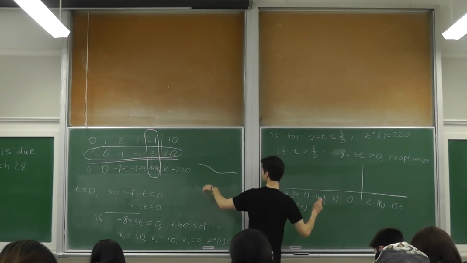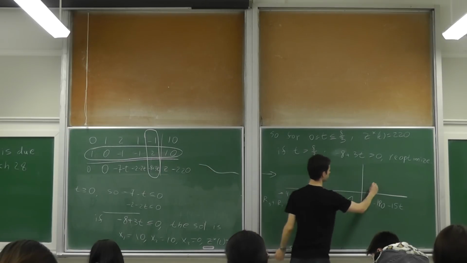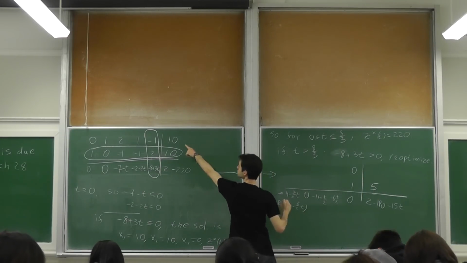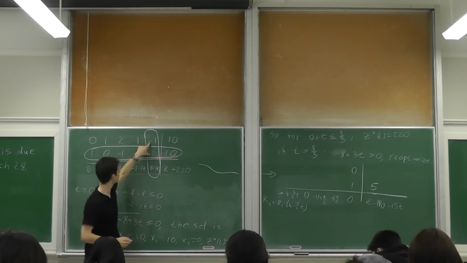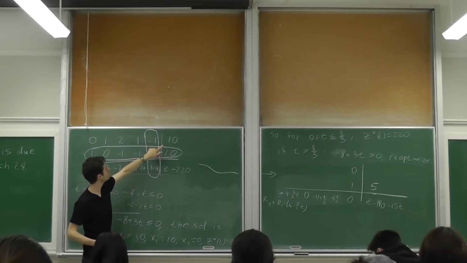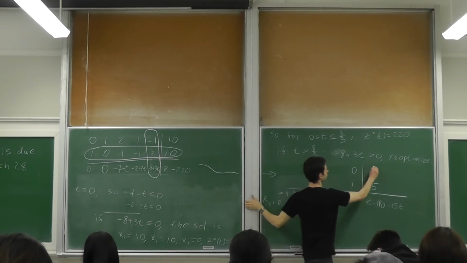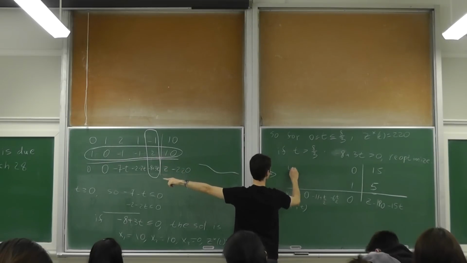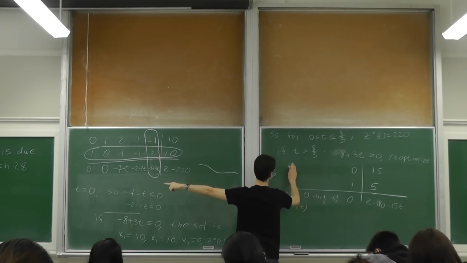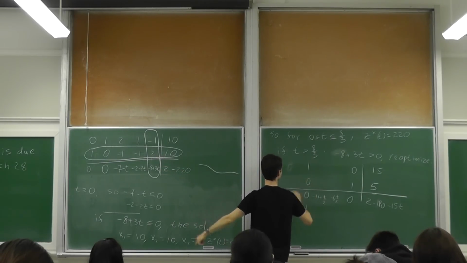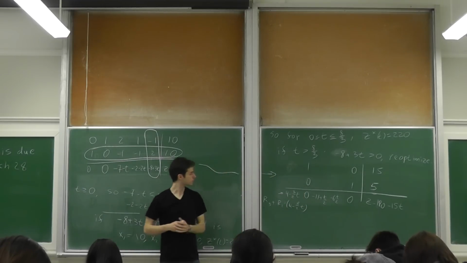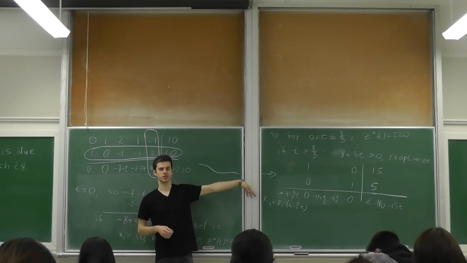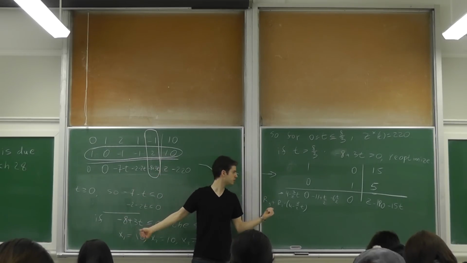The right hand sides: I should divide this by 2. This one, I should add 1 half of the second row to the first one, so it will be 15. Okay, so that's the updated table after I made the pivot.